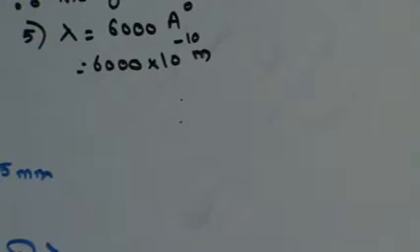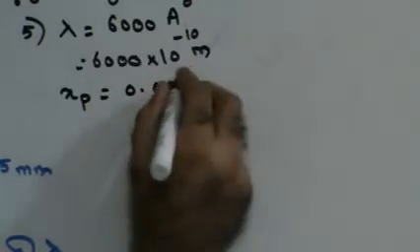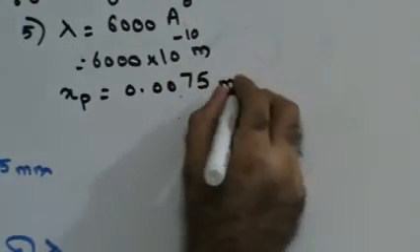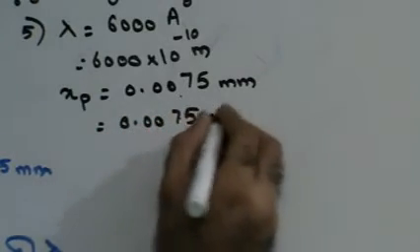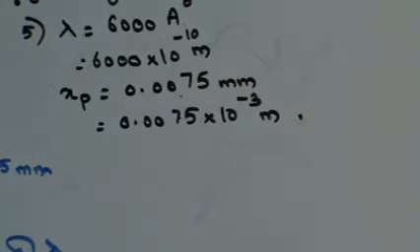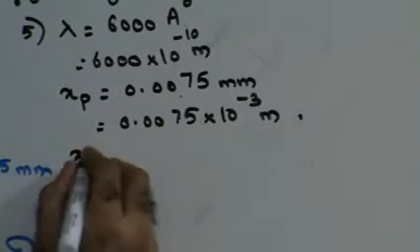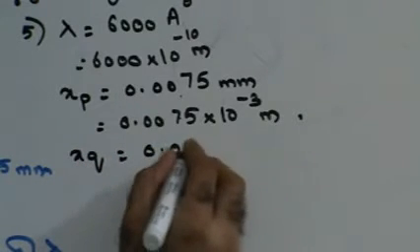The path difference of point P on one side of the central bright band is 0.0075 millimeters, and of point Q on the other side is 0.0018 millimeters.